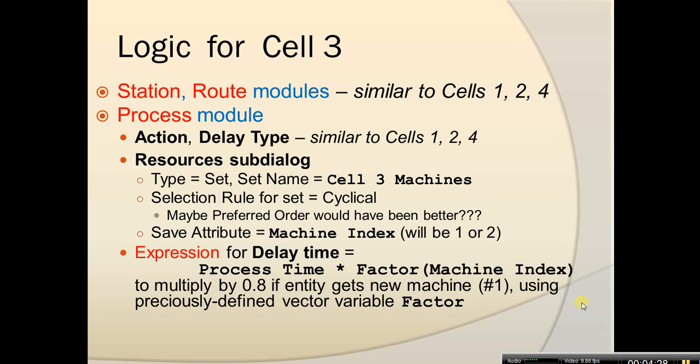So we'll have the process time multiplied by the factor time, and that will depend on machine index. If the machine index is 1, then the factor is 0.8 if the entity gets the new machine. Otherwise, it's going to be 1.